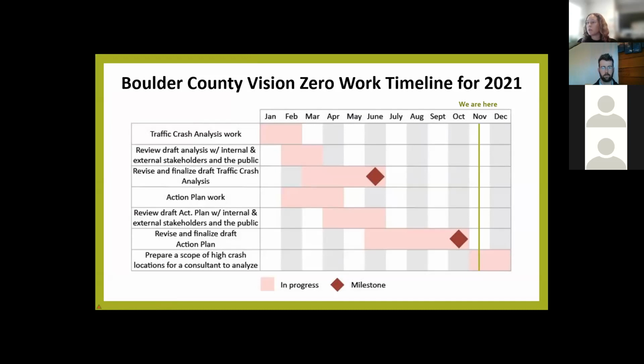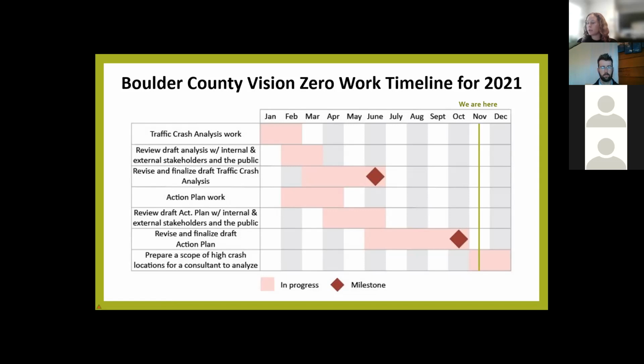Then it mostly included work developing figures and maps to present the trends and the patterns that we were seeing in the data. We then reviewed a draft of the crash analysis with both internal and external stakeholders, as well as with the public earlier this year.